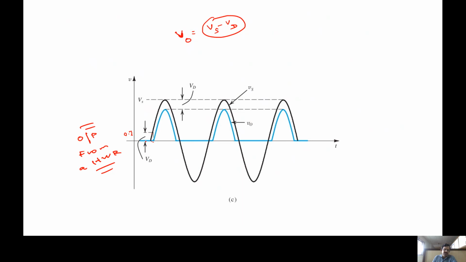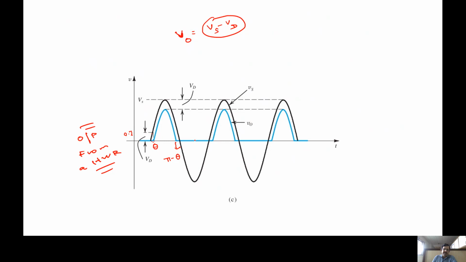Now, let the angle at which conduction begins be theta. The whole half cycle is pi, so the conduction angle will be pi minus theta.